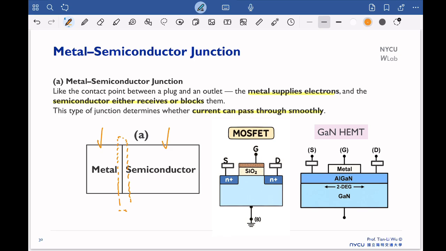Of course, figure A here is a schematic, but the real structure in our device is here. This is the one we will talk about later. This is our transistor called the MOSFET. Sorry, I think this drawing might not be accurate. Anyhow, imagine this is a metal.